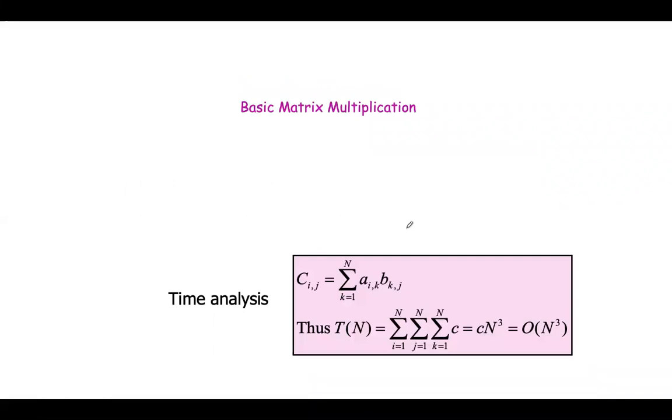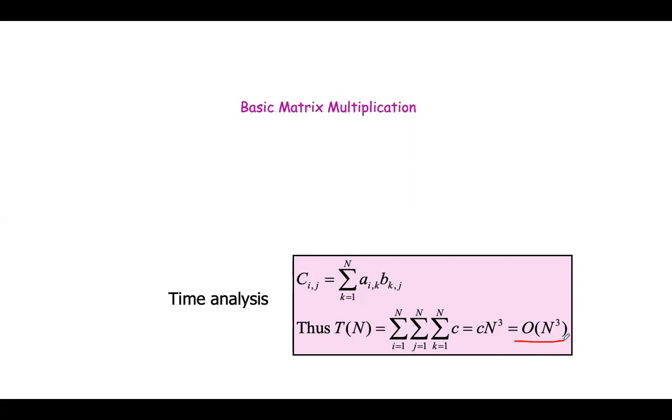And if you remember the matrix multiplication program, there will be 3 for loops. Okay, I hope all of you remember that matrix multiplication program. And if you compute the time for that, 3 for loops means the basic operation will occur 3 times, which is nothing but big O of n cube. Okay, the complexity is big O of n cube for basic matrix multiplication.